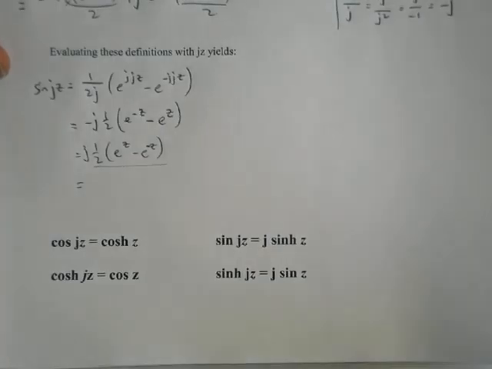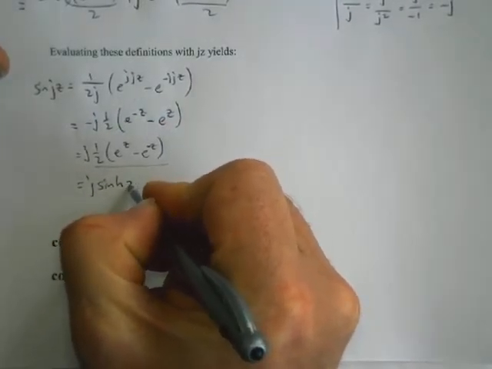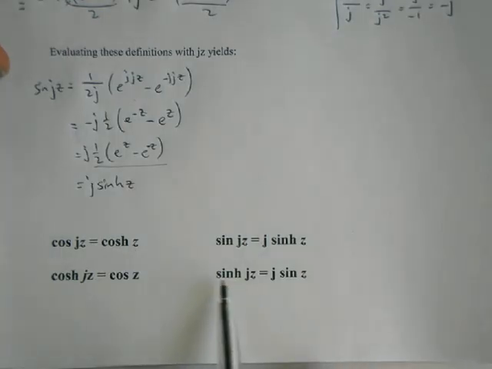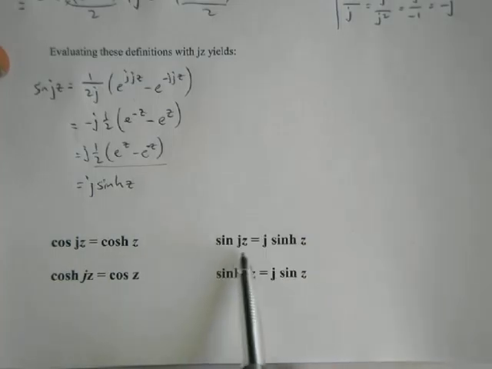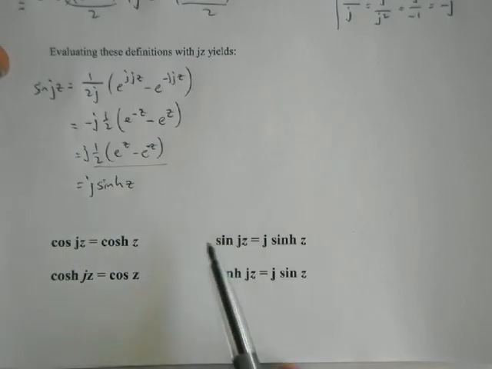Okay, so that's just the sine h of z. So what we're looking at here is j sine h of z, which is this relationship here. So, no, I'm telling a big lie, it's this one here. Okay, so I started with sine jz, and I've rearranged it to get j sine hz.